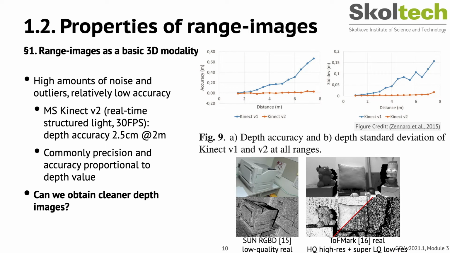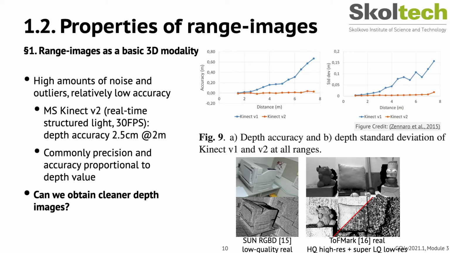Another property of depth images are their higher amount of noise and outliers, or relatively low depth accuracy. For example, Microsoft Kinect v2 is able to capture depth that is only accurate to 2.5 centimeters at 2 meters distance. Commonly, precision and accuracy are proportional to the depth value, which means that the error in determining the depth generally increases proportional to the measured depth.